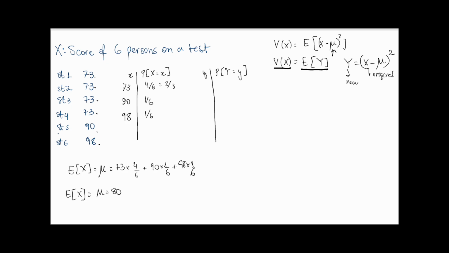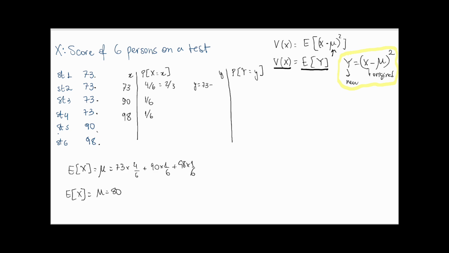We know how to create it. So when x is 73, how much will y take? Let me go this way, I won't have space. Here's what we got. When x is 73, my y will be 73 minus mu. I'm looking at this formula, this is my new random variable.